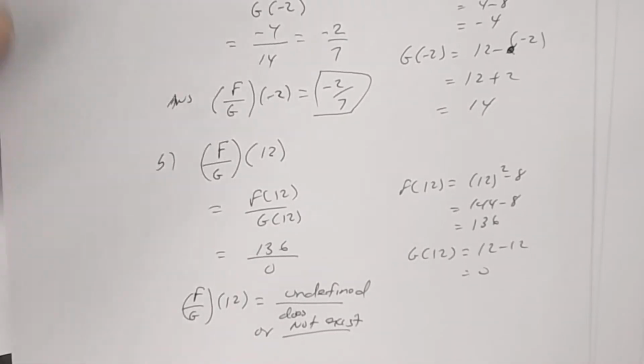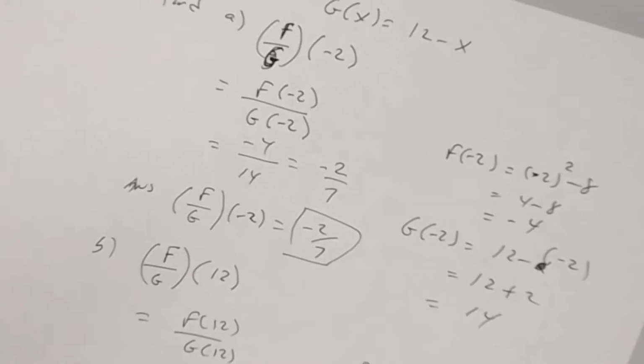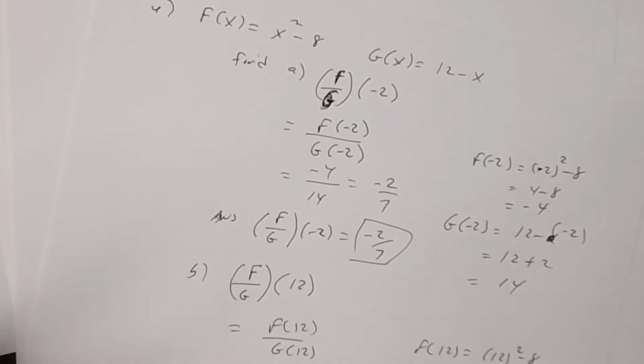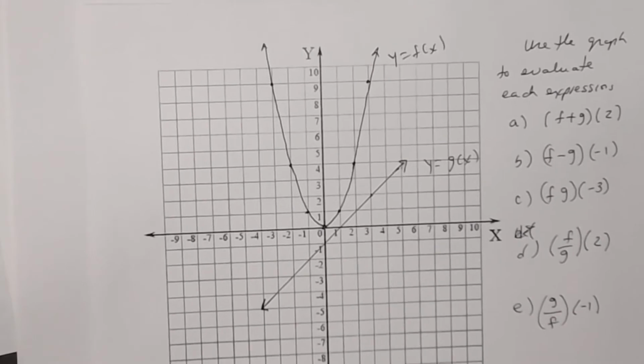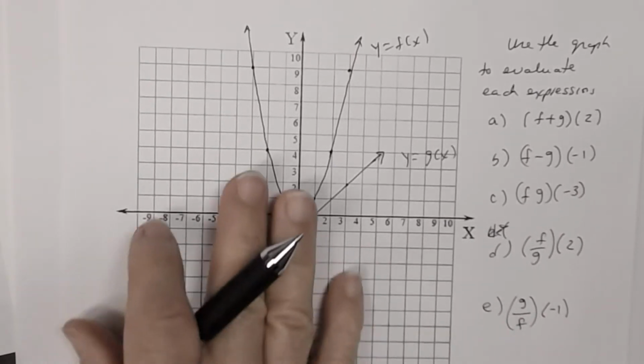All right, now let's look at this situation. Now we're going to look at some graphs. So let's suppose we had this, and this is going to be number 5.